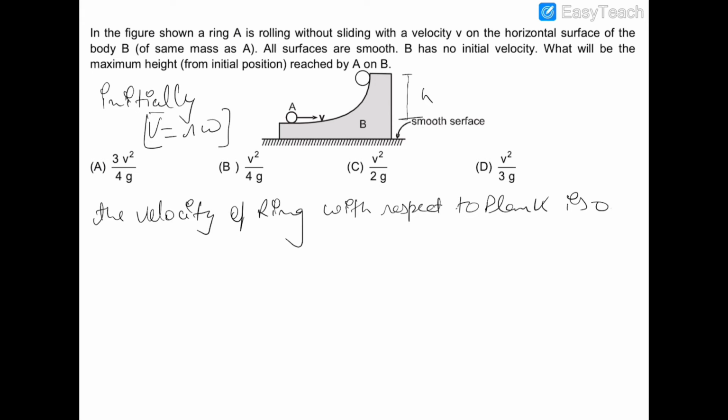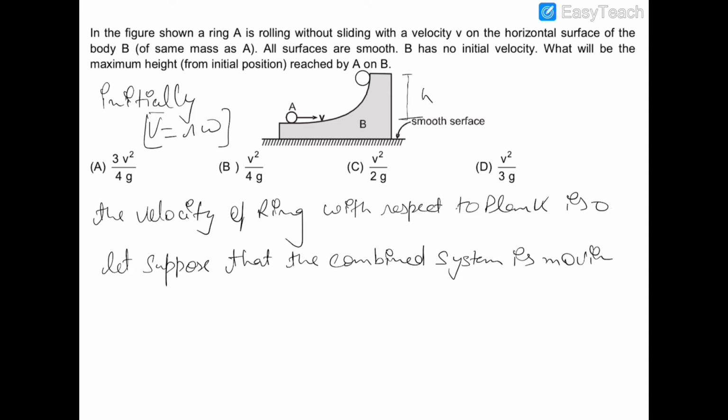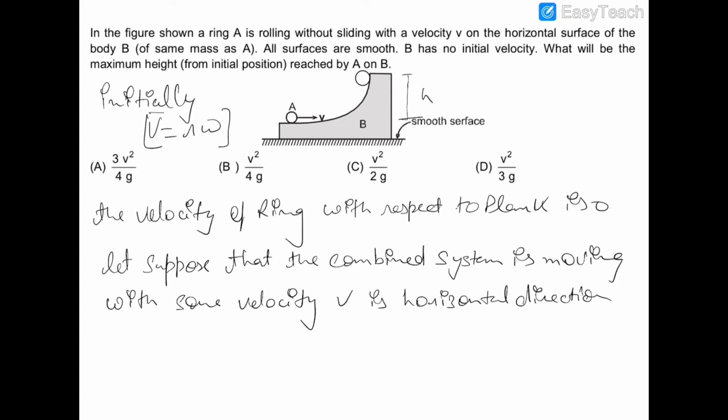So let's suppose that the combined system is moving with some velocity v dash in the horizontal direction, because v is already given.